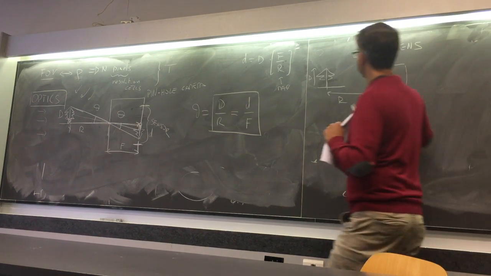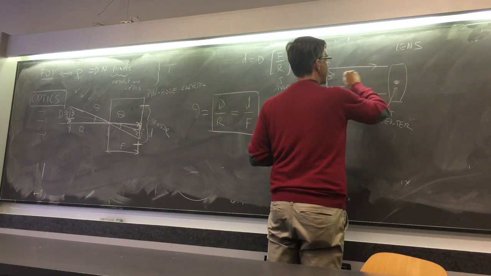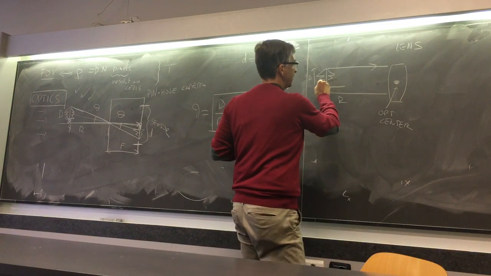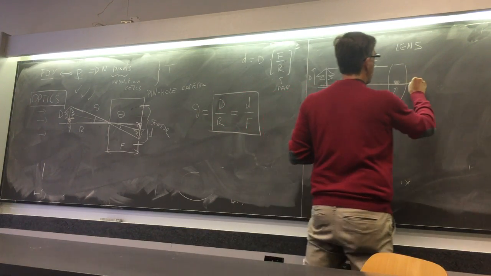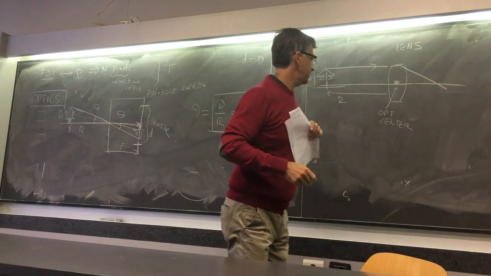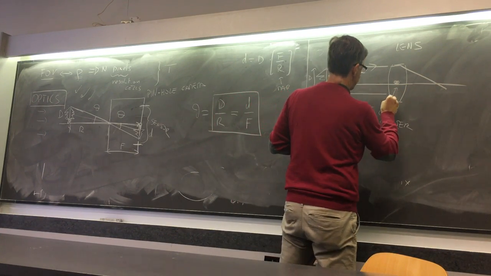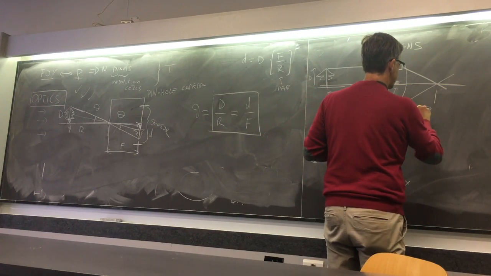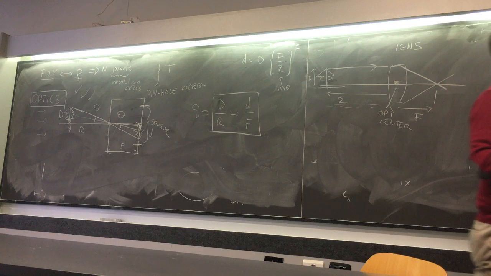So this means that any ray that is parallel to this, in my plane parallel to the ground, they all converge in a focus, and this is a property of the lens. This can be changed by moving the focus, okay?